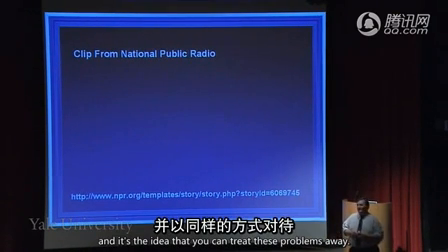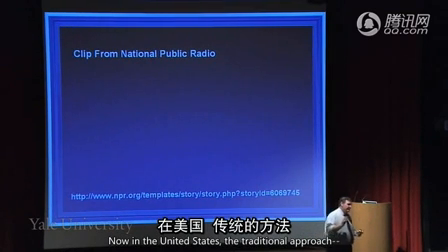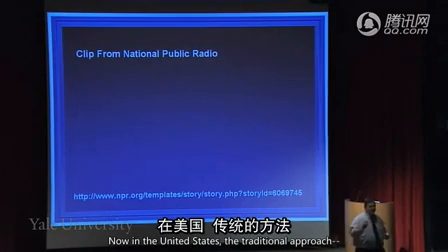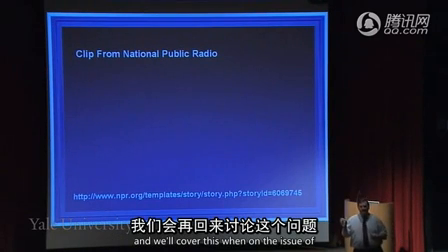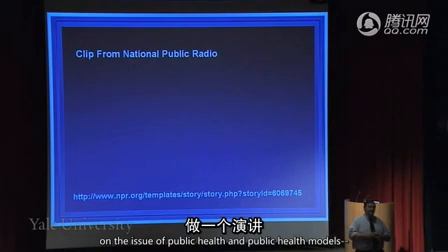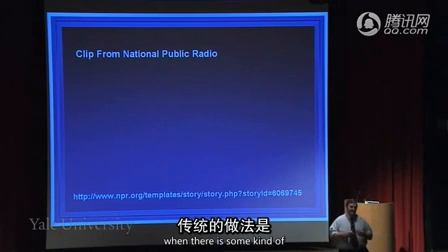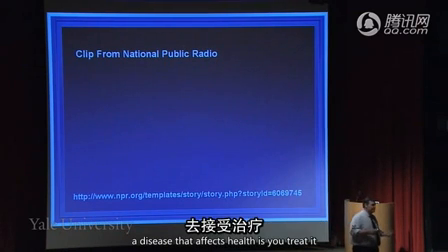And it's the idea that you can treat these problems away. Now, in the United States, the traditional approach, and we'll cover this when I come back and do a lecture for you guys on the issue of public health and public health models, is that when there's some kind of a disease that affects health, you treat it.